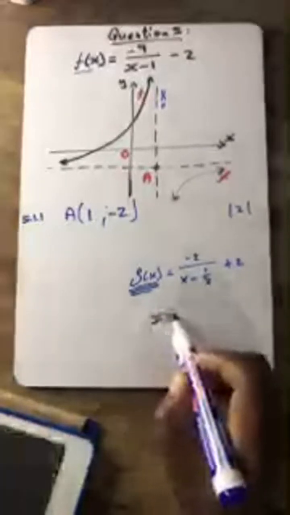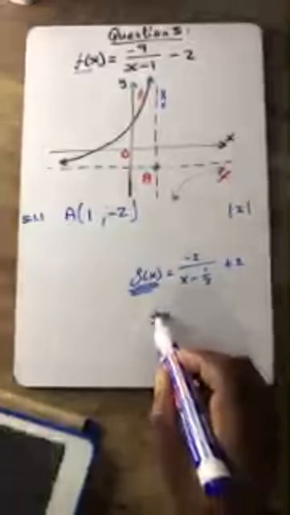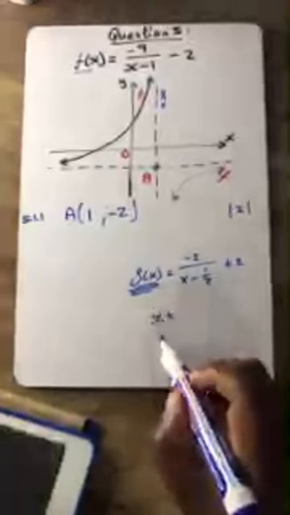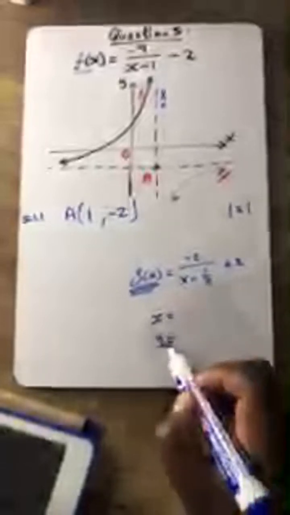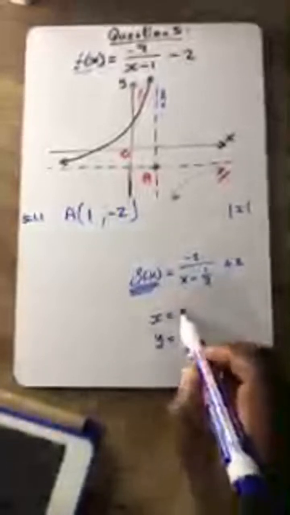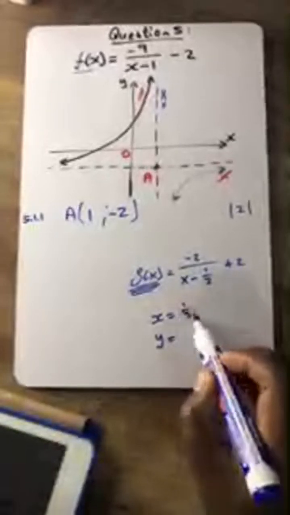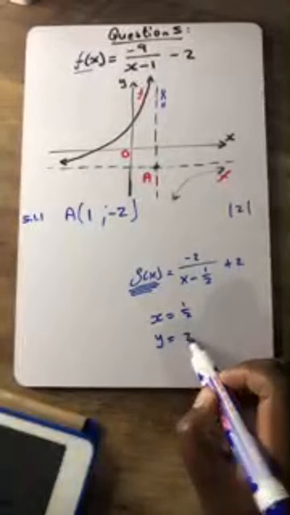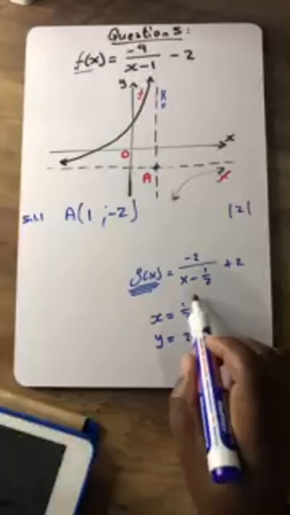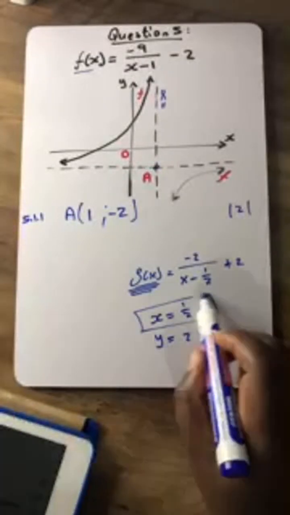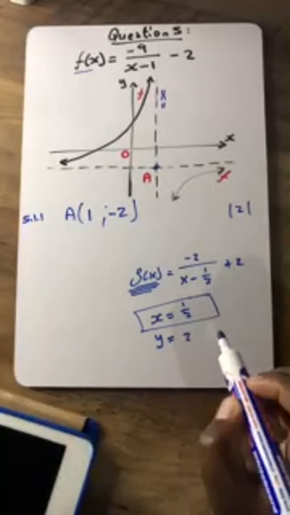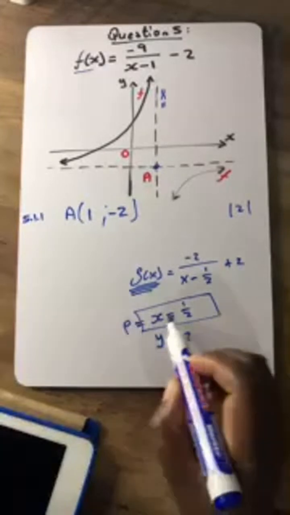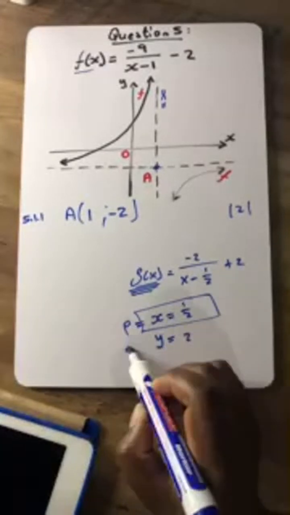This is where you will say x is equals to, that means you give the value for the x asymptote, and then you say y is equals to, then you give the y value for the asymptote, where you will then have that one is going to be a half, that one is going to be 2, because for p you write it with its opposite sign, that makes sense.